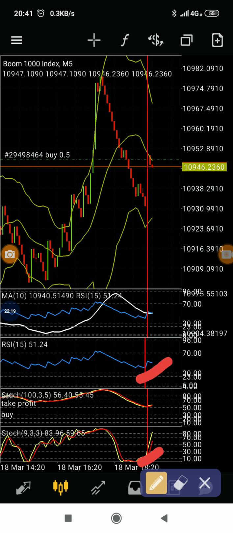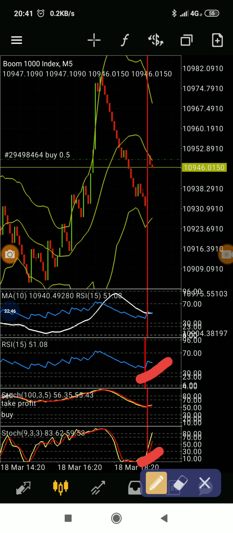In as much as the 1 minute time frame stochastic is at level 90, indicating a buy, the 5 minute time frame is more powerful than the 1 minute time frame, because the 1 minute time frame is just 60 seconds, and the 5 minutes is for 5 minutes.